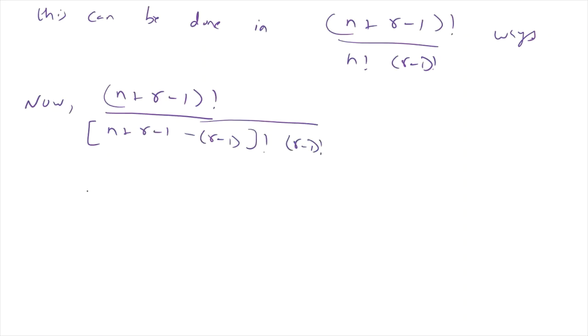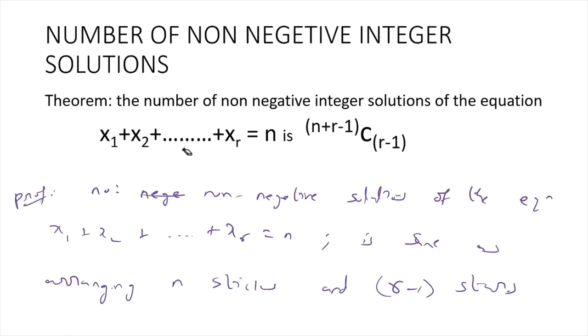So I can write it as n plus r minus 1 choose r minus 1, which is equal to n plus r minus 1 factorial upon n plus r minus 1 minus of r minus 1 factorial times r minus 1 factorial. Therefore, the number of non-negative integer solutions of the equation x1 plus x2 plus so on up to xr is going to be n plus r minus 1 choose r minus 1.